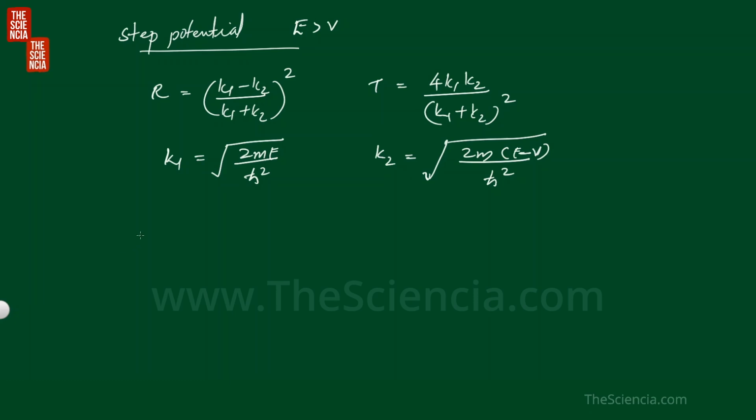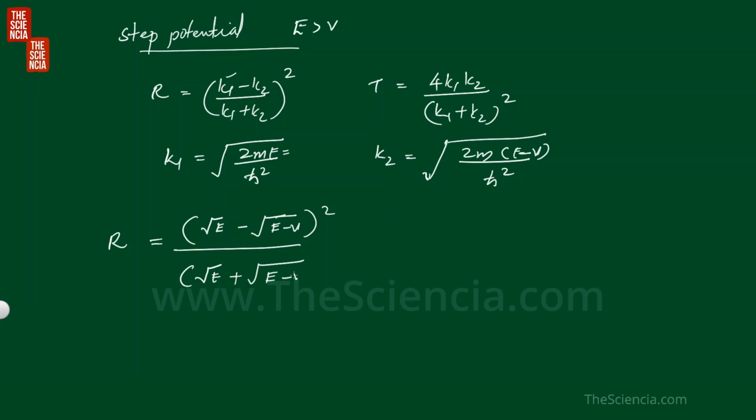So we can find the reflection coefficient in terms of energy. We substitute these values of k1 and k2 here, so we get R equal to root of E minus root of E minus V all square by root of E plus root of E minus V all square.